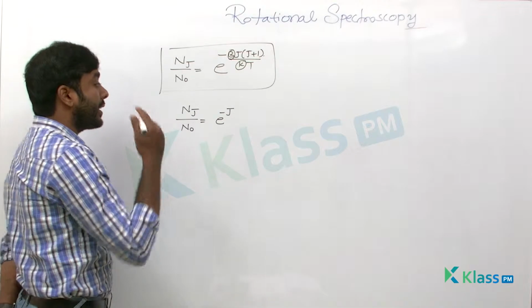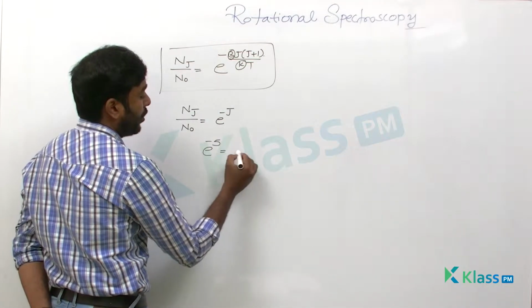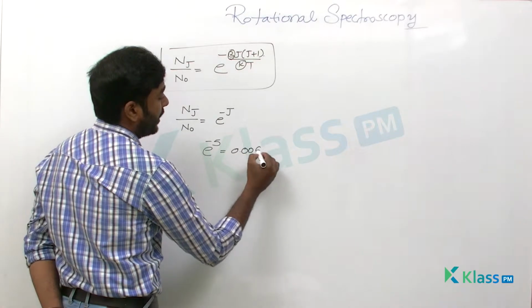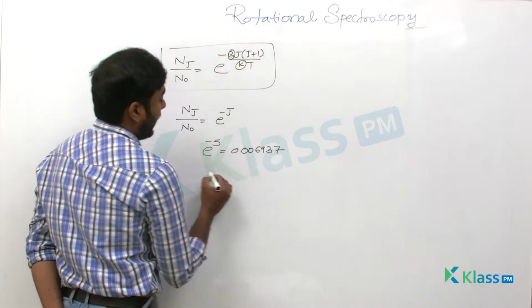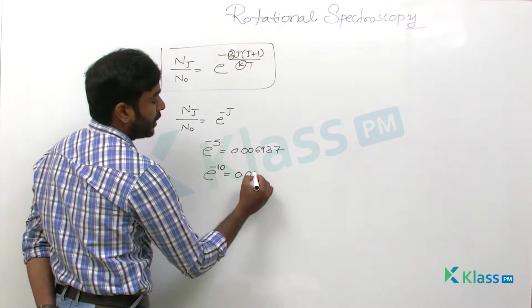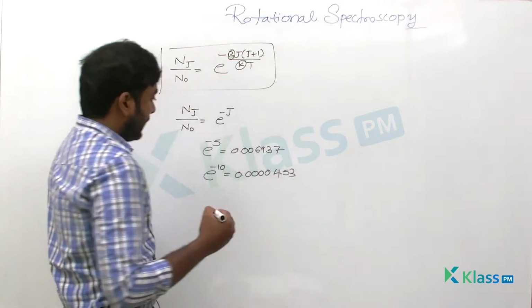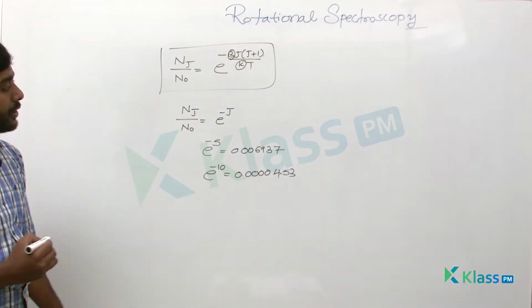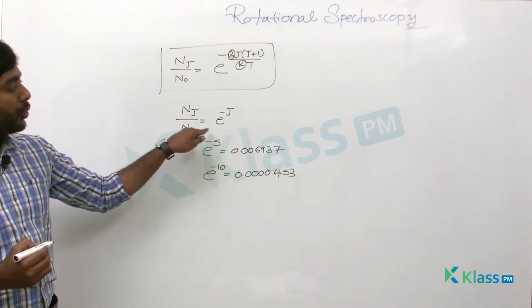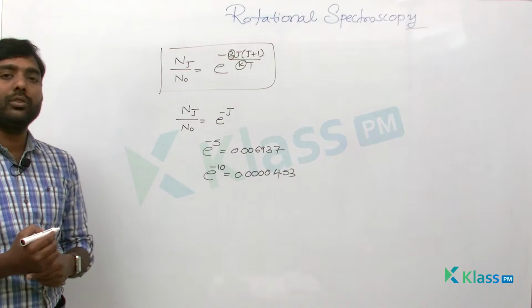If j value increases, what's happening? I calculated for e to the power of minus 5, and I got 0.006937. I also calculated for e to the power of minus 10, and I got 0.0000453. See here, as j value increases, the total e to the power of minus j value is decreasing, which means nj by n naught value is also decreasing.